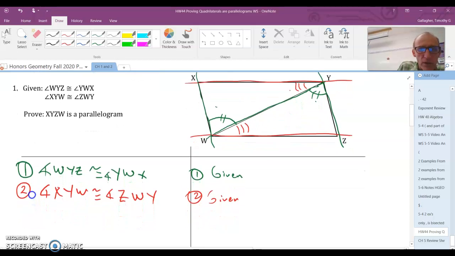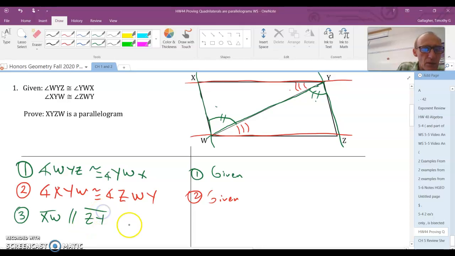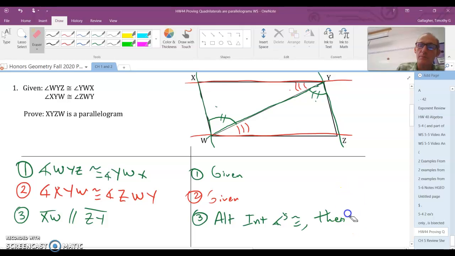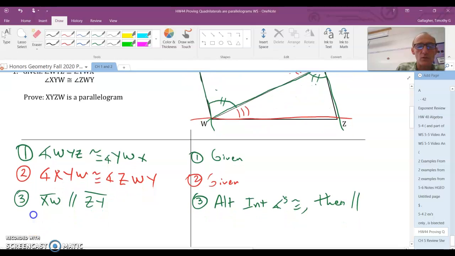Okay, so it looks like for step 3 that XW is parallel to ZY, because if the alternate interior angles are congruent, then the lines are parallel.